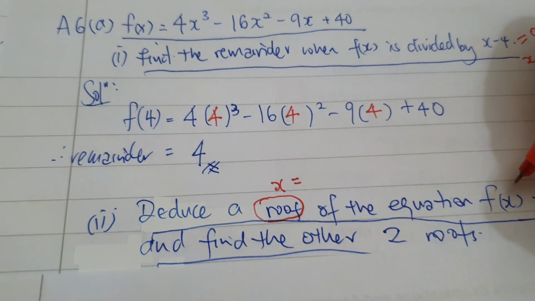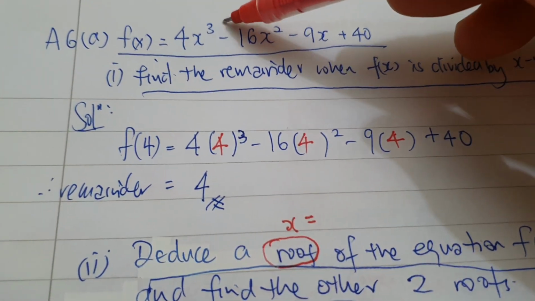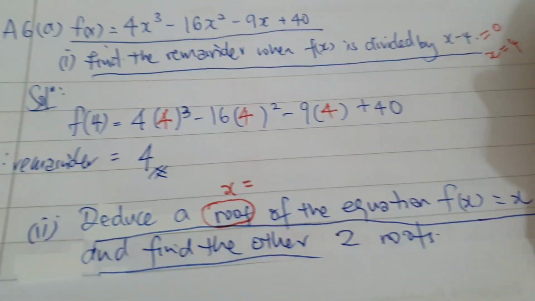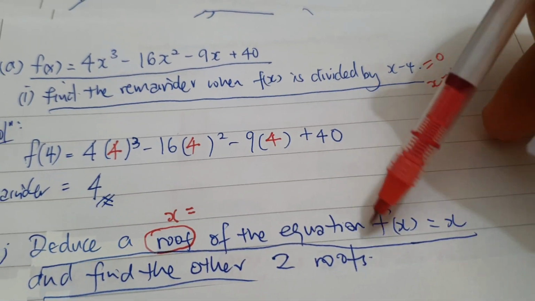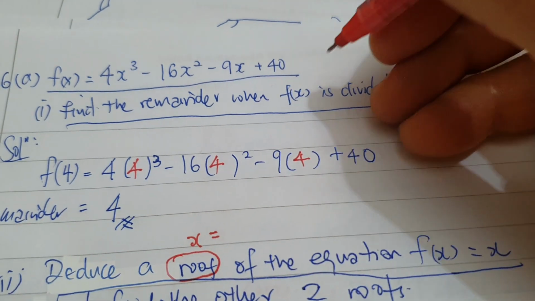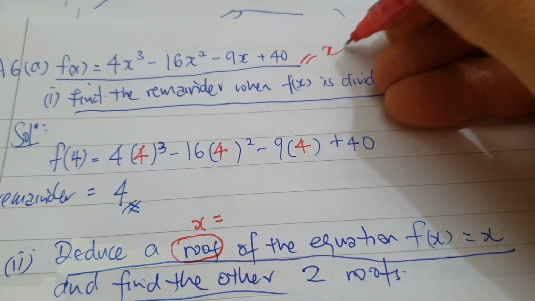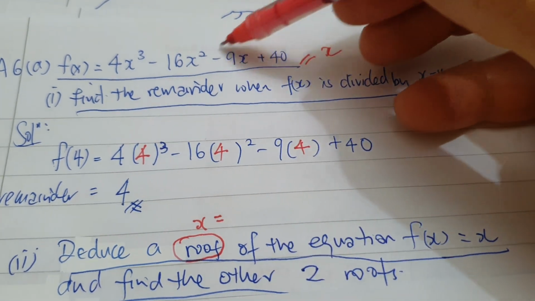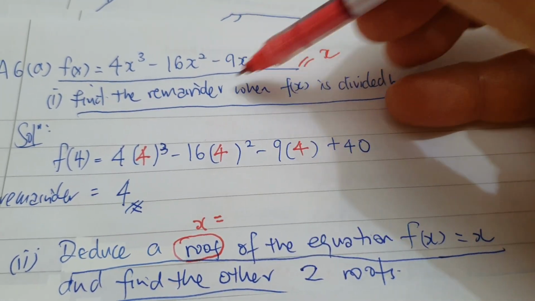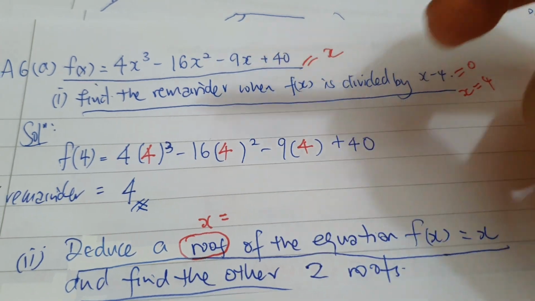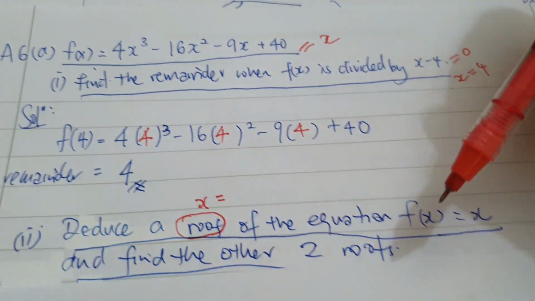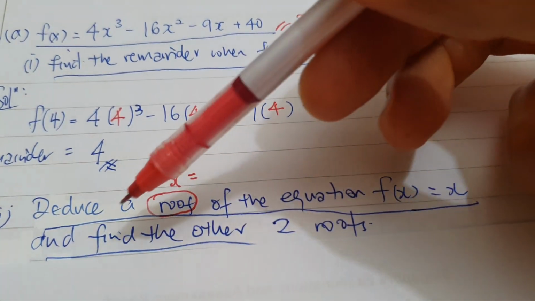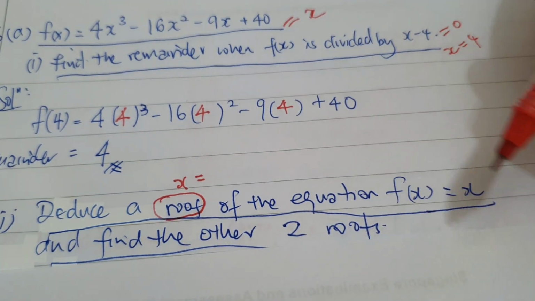So because this fx comes from here, if I were to put this fx equals to x, I minus x both sides, everything else remains the same except this term here which we minus 10x. It will still be a cubic equation, so there should be three solutions or three roots when I solve this, right?